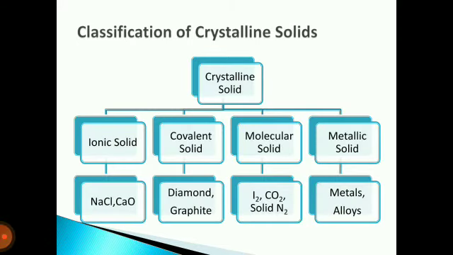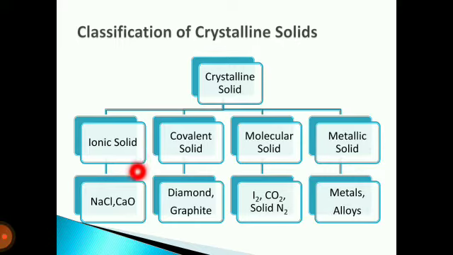Now, based on the binding forces among the constituent particles, crystalline solids are basically classified into four different types: ionic solid, covalent solid, molecular solid, and metallic solid.